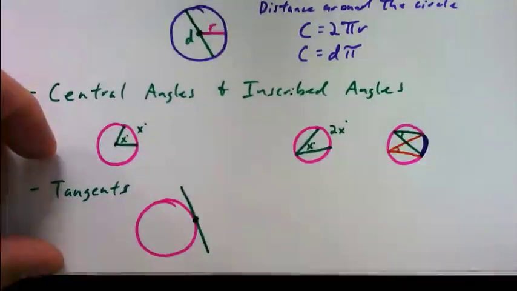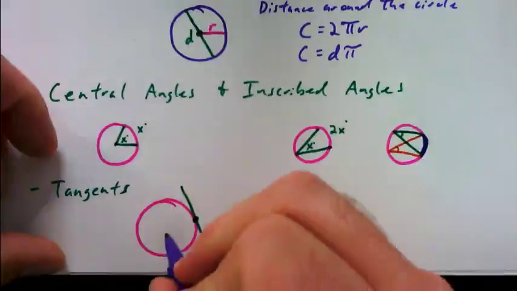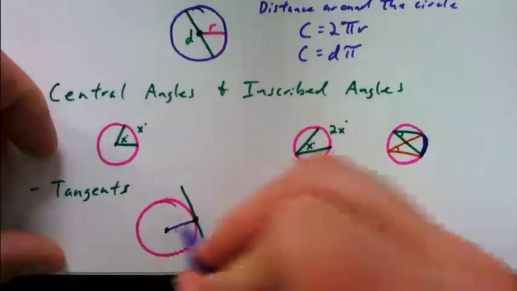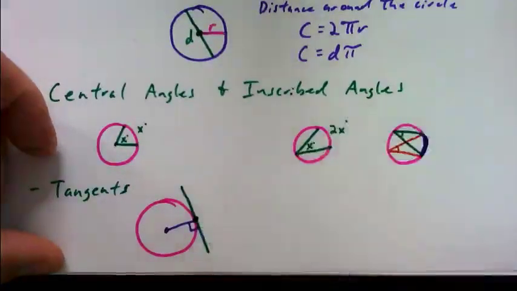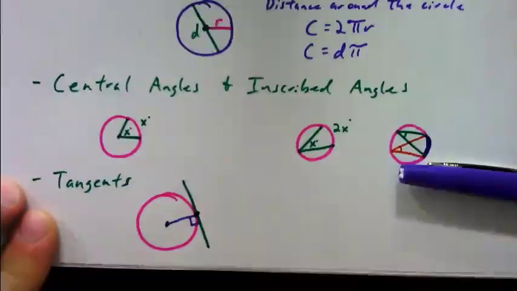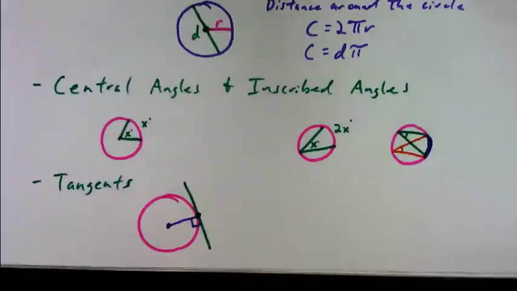If we were to draw a radius in the circle to that point of tangency, it makes a right angle. Now my circle is a little lopsided there, so it's not perfect, but that's the only property I want to go over with tangents.